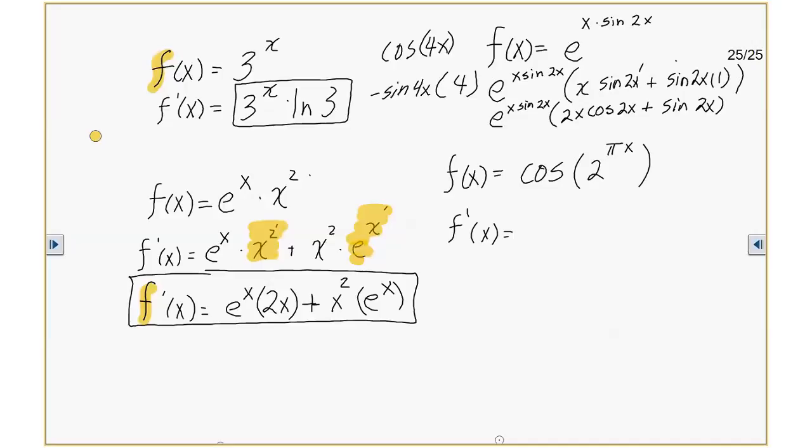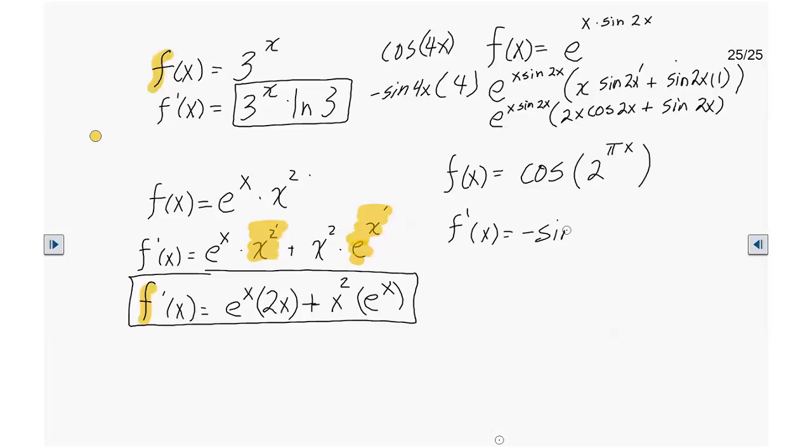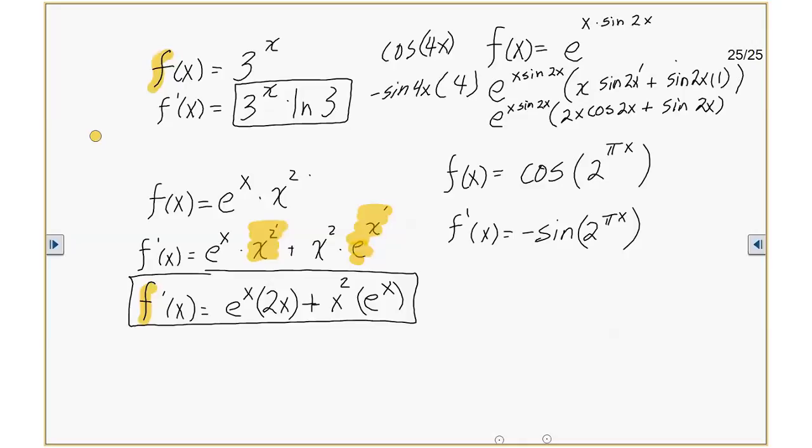So that's basically what we have here. The cosine of blah, blah, blah. So what's the derivative of cosine? Negative sine of 2 pi x. And now I've got to take the derivative of what's inside. But the derivative of what's inside is a to the x term.